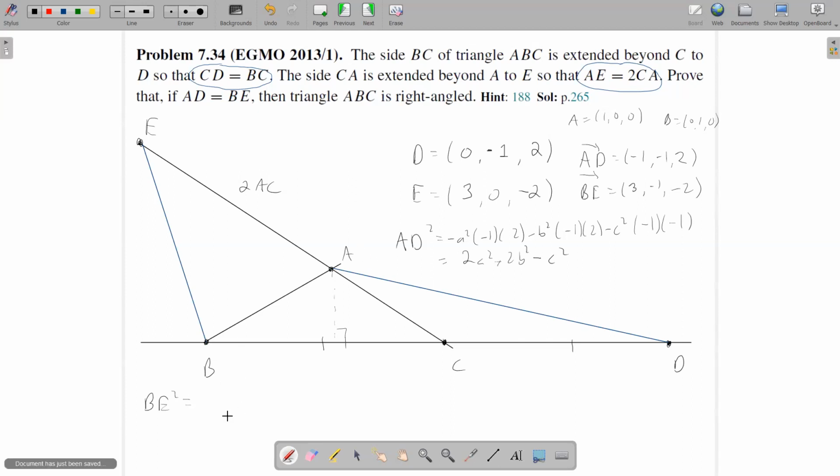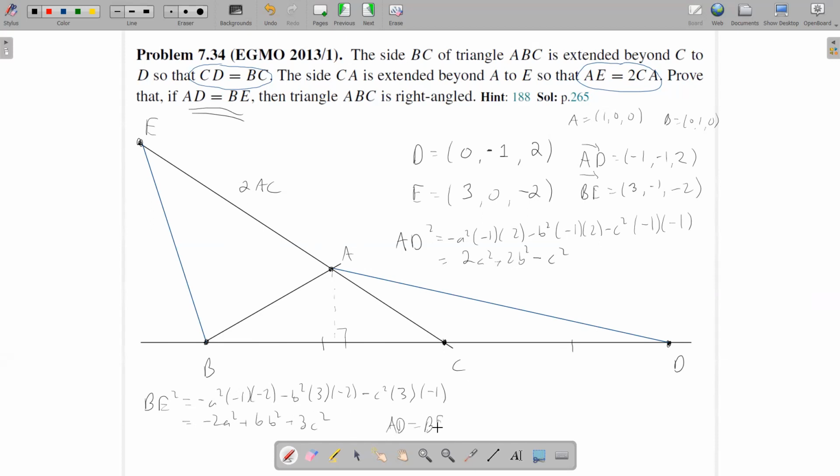BE squared will equal minus A squared times minus 1 times minus 2, minus B squared times 3 times minus 2, minus C squared times 3 times minus 1, which equals minus 2A squared plus 6B squared plus 3C squared.